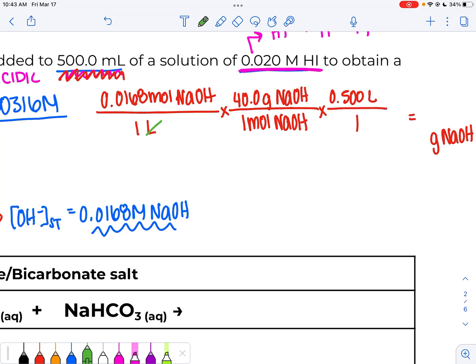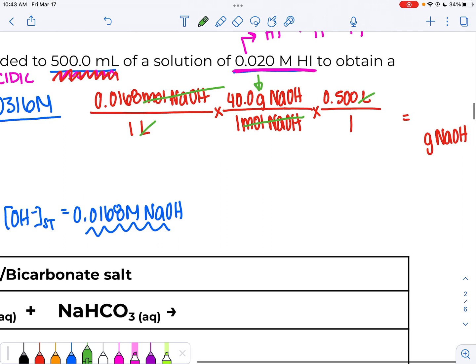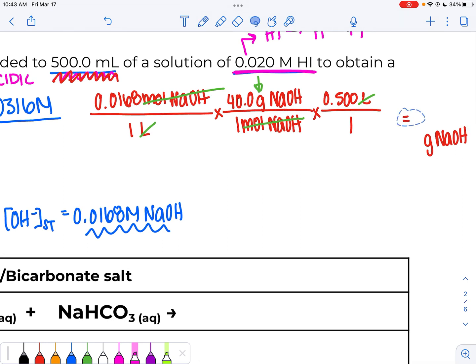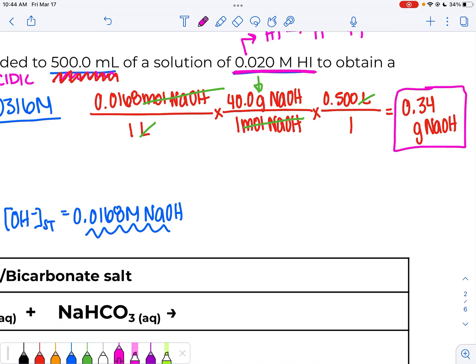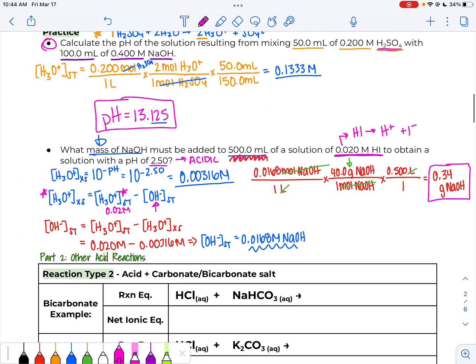So when I go through and check my canceling, liters, yay, moles, woo, I'm left with, boom, just grams. Exactly what I wanted. So at the end of this, I plug it in my calculator and I need 0.34 grams of NaOH in order to make a solution with the pH that I want.